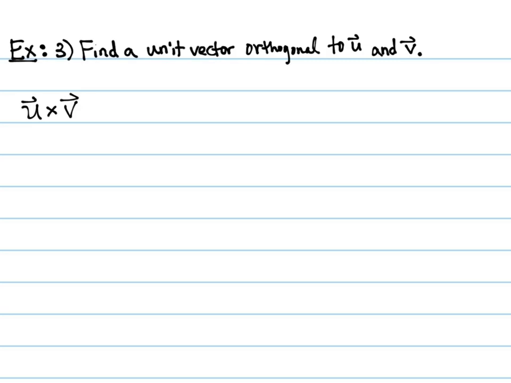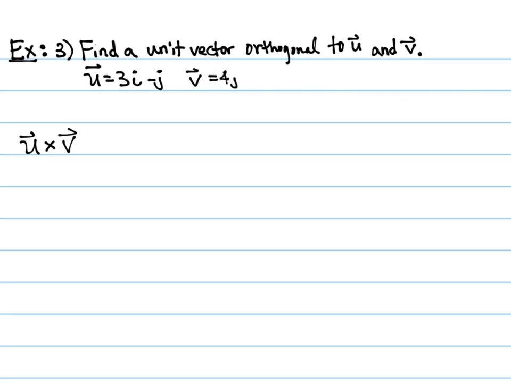So we're going to find u cross v. Oops, I didn't write down u and v yet. My bad. So u is 3i minus j, and v is 4j plus k. And for this one, I'm going to go ahead and just do the expansion without writing out the original 3x3 determinant, but if you need to see it, please do use it.